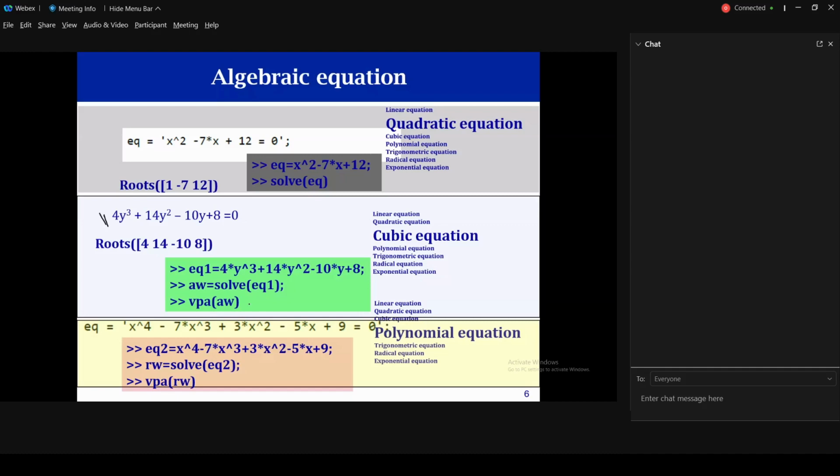If you solve more than 2 powers using the solve command, it doesn't provide you answers in a straightforward way. Correct? So you need to write VPA as a command. Then, let's see how it works here.